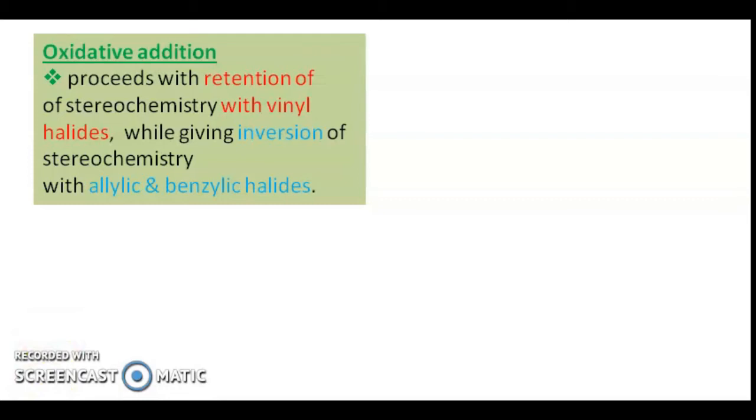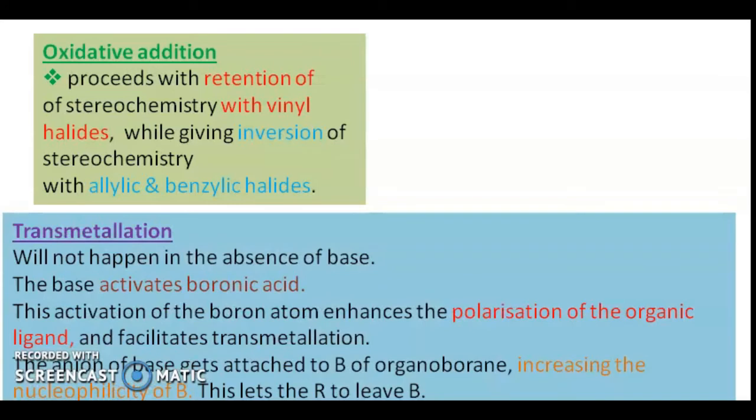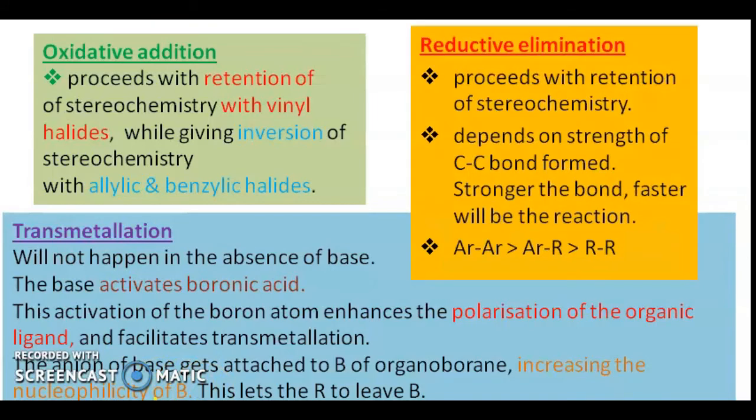Okay, and the transmetallation step proceeds in the presence of base, and the base activates the boronic acid, and the activation of boron atom enhances the polarization of the organic ligand and facilitates the transmetallation step, and also it increases the nucleophilicity of boron. Alright, and our reductive elimination proceeds with retention of stereochemistry.